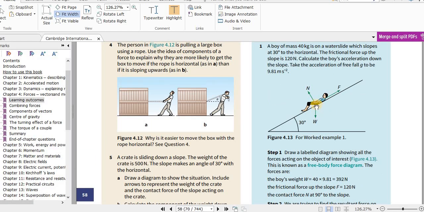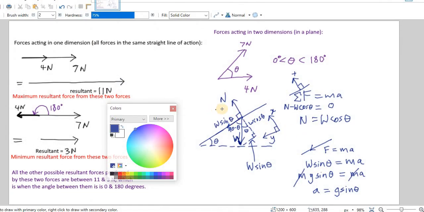Now here you can see it's just like what we did here. The force that balances the normal contact force is W cosine theta, this one. The component of the weight down the slope is W sine theta.